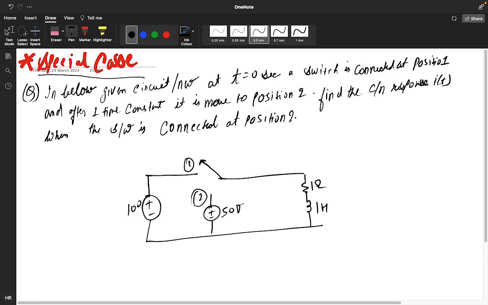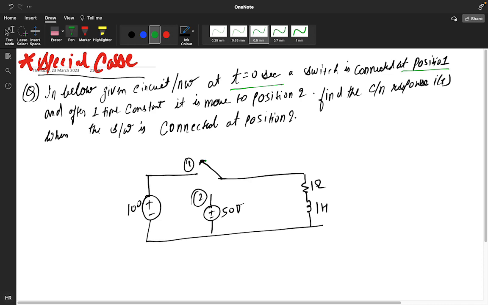So guys, see, it is given at t is equals to 0, a switch is connected at position 1. In the below given circuit network at t is equals to 0, switch is connected at position 1.